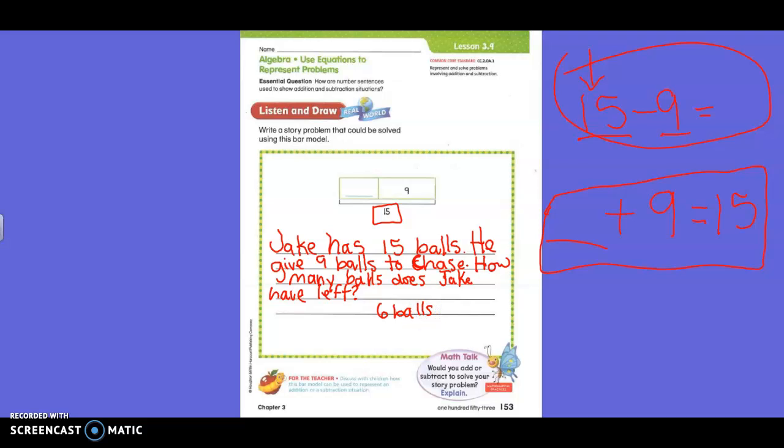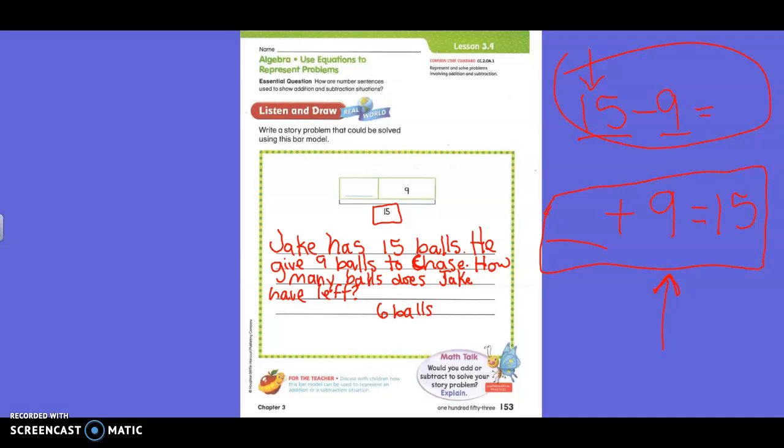Okay. Now, I will tell you that if we did instead this problem, like Landon was talking about, we would have to write the problem a little differently, okay? We'd probably just use Jake and not use the word Chase, okay?